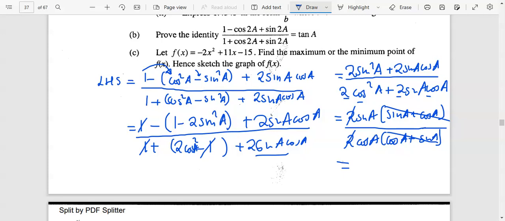Matilda, what is sin a over cos a? You guys, are you able to get me or not? It's okay. Hence shown.